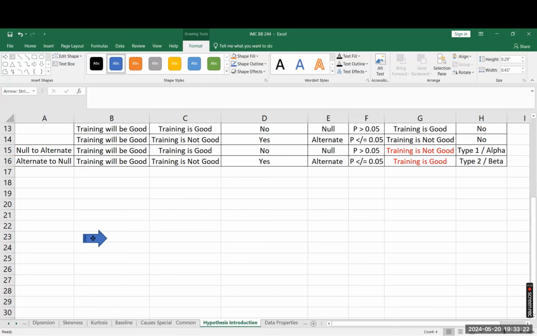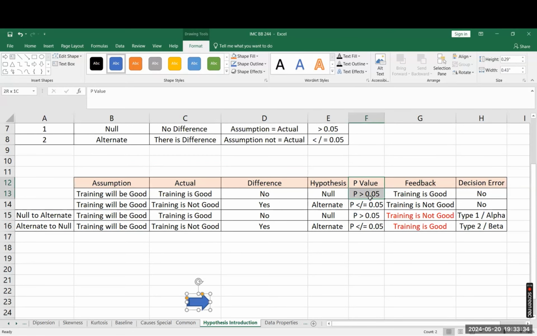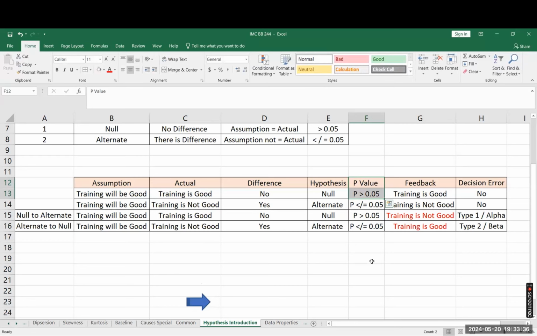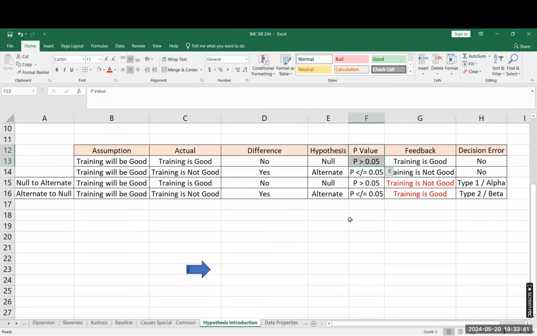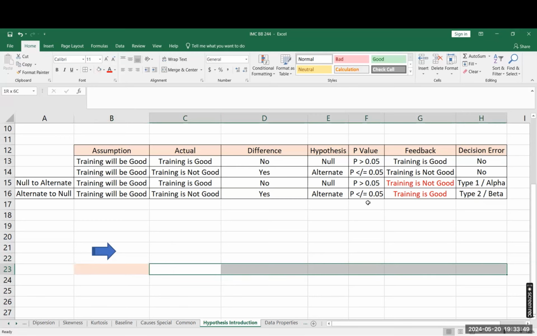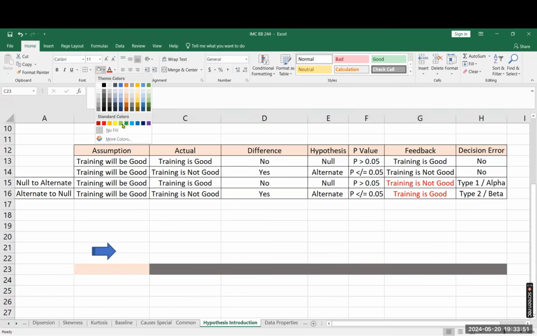If the total distance is 100 meters, probably you will be running with the cycle for 5 meters. And if you gain the confidence, you will leave the cycle, which means you are crossing the 5% of risk. What you have assumed is that your friend knows how to ride a cycle. Actually the friend is riding the cycle and crossing the risk level of 5%. And now the rest of the 95% is the green zone.